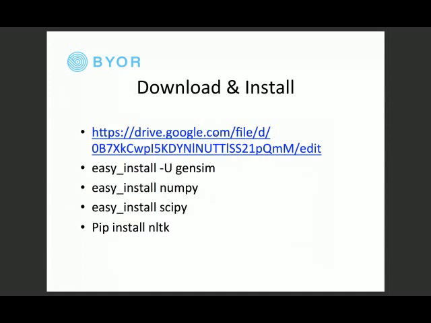The model contains 300 dimensional vectors for 3 million words. So you can think of this file as an output of what I'm going to describe in this talk. You also need to install Gensim, NumPy, SciPy, and NLTK.